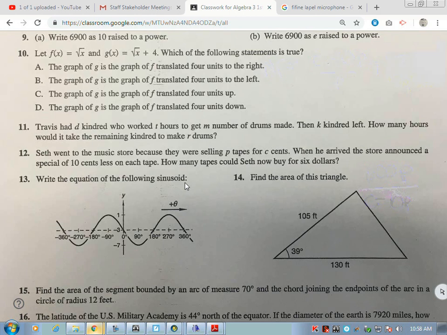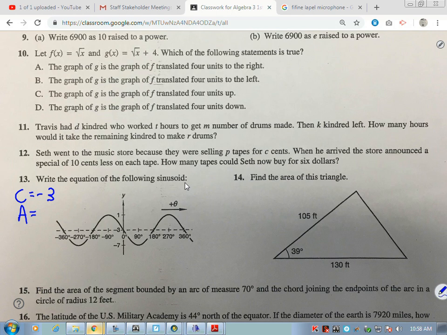All right, 13. Write the equation of the following sinusoid. What is my center line? -3. Good. What is my amplitude? 1? Or is it 2? 4.